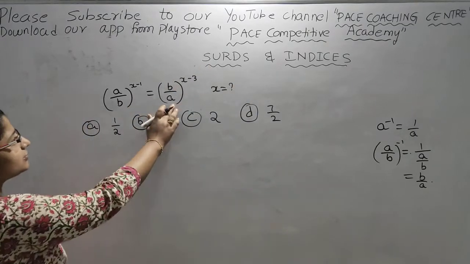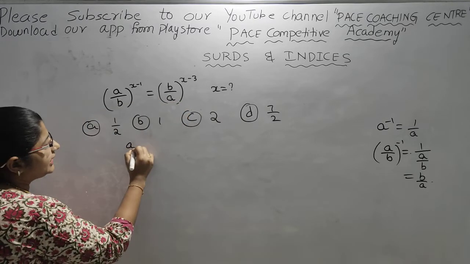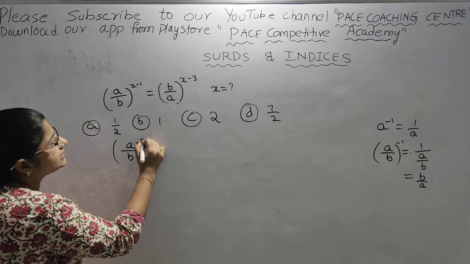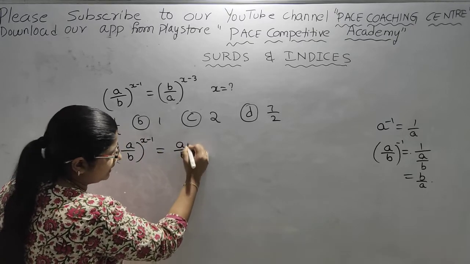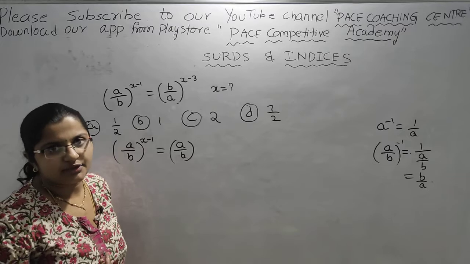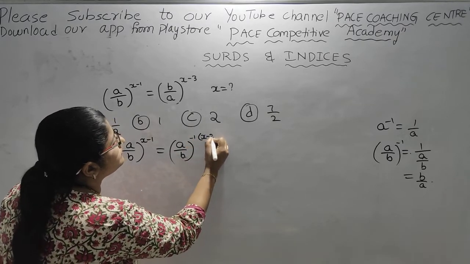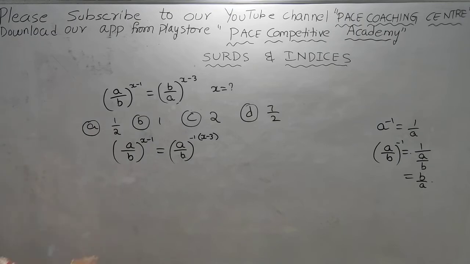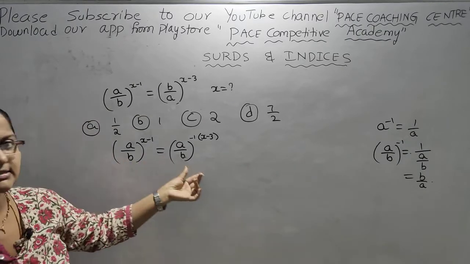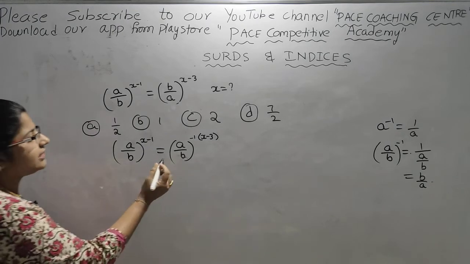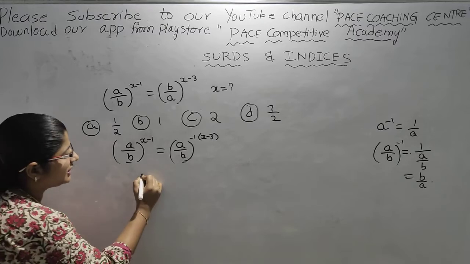So I am doing the same thing to make the bases the same. (a/b)^(x-1) = ((a/b)^-1)^(x-3), where b by a is converted into (a/b) inverse. Now the bases are the same, so I am going to equate the powers.